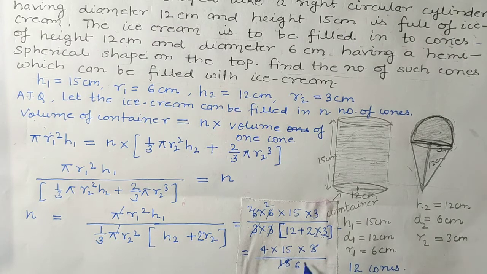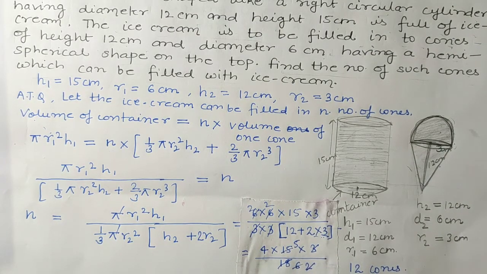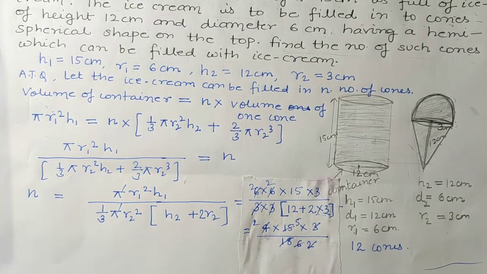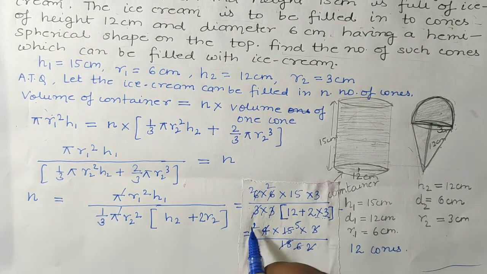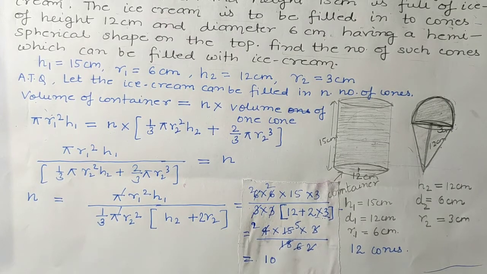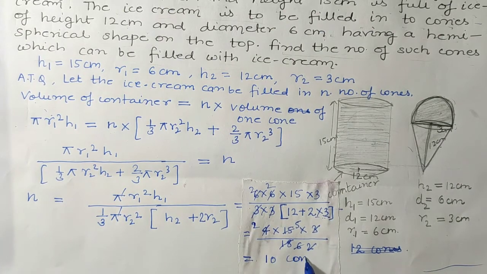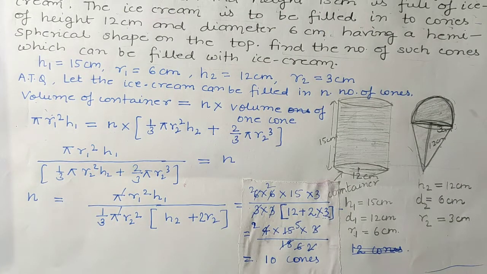When we cancel 15 and 6 by 3, 3 2s are 6 and 3 5s are 15. Now this 2 can be cancelled with 4 two times, so in the numerator the number is 2 into 5, that is 10. Okay students, so our answer is 10 cones.